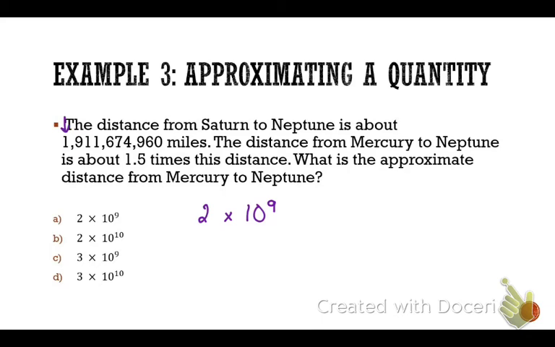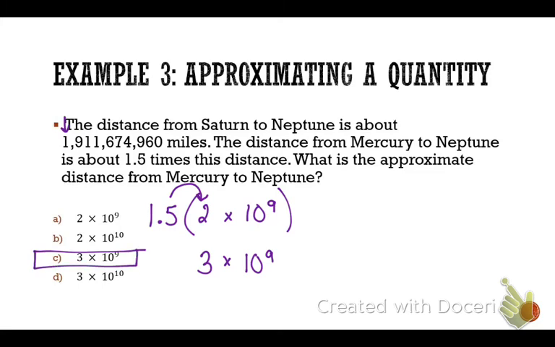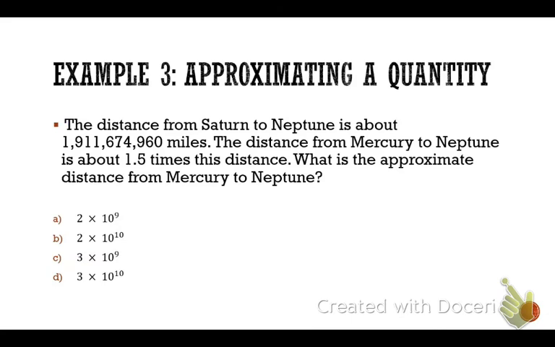Now, if the distance from Mercury to Neptune is 1.5 times that, you're going to multiply 1.5 times 2. Okay, and 1.5 times 2 is 3. Wait, how did you get 2 again? I rounded it to the leading digit. Okay, so 3 times 10 to the 9th power. Option C.